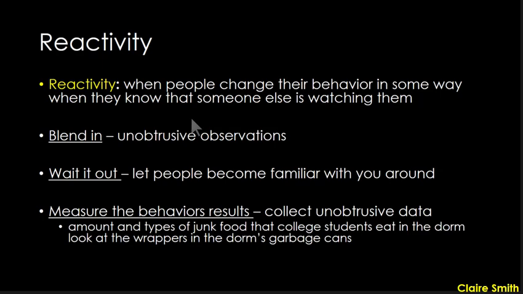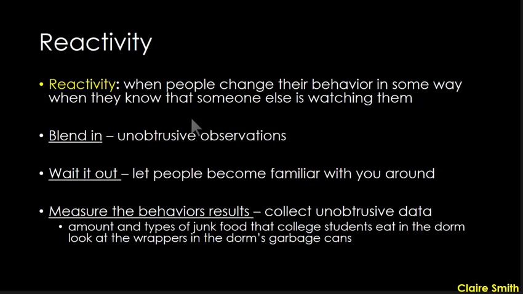The example of going and watching people at dinner, obviously those dinner conversations might be a little different if they know they're being watched and there's some unknown man in the house watching them, right? So people are going to respond and act different, change their behavior if they know they're being watched.